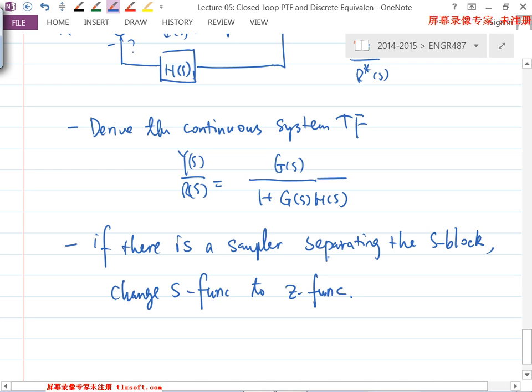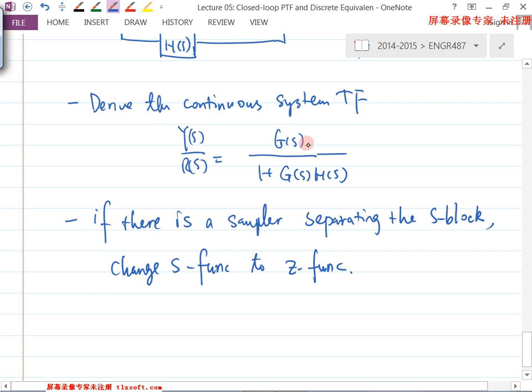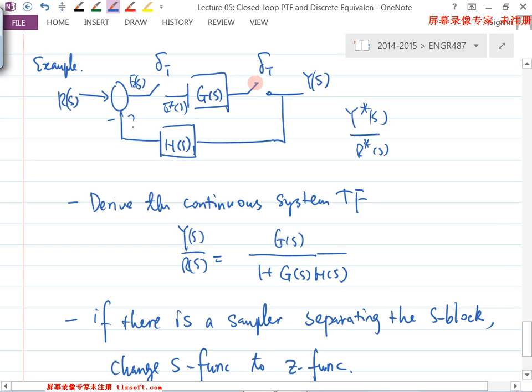For example, here between G and H, there is an impulse sampler separating these two.